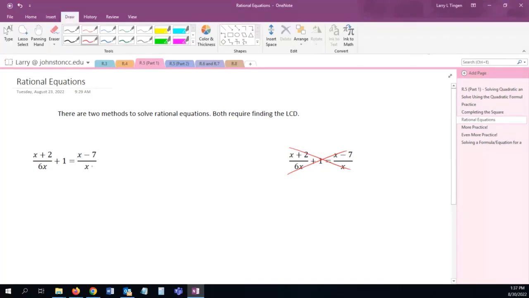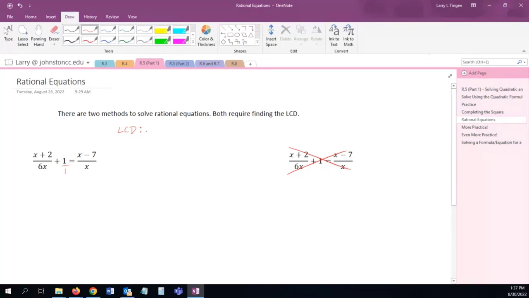So what is the LCD of my problem on the left? Well, first off, I have two rational expressions, and then I have one, which is just 1 over 1. So my denominators are 1x and 6x. And remember, the deal to get that LCD is any factor that repeats, I only count once.